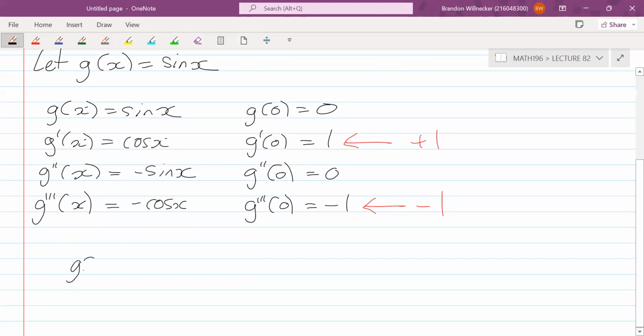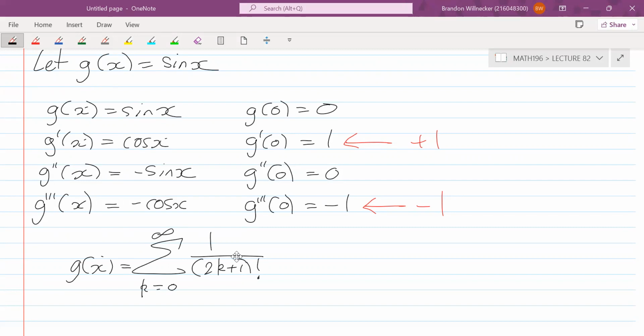So we can write g of x is equal to the sum k equals 0 to infinity of 1 over (2k plus 1) factorial. So remember, in the definition, it's the derivative evaluated at 0 divided by k factorial. But since we are only dealing with the odd terms, this factorial term has to be odd. So that's why we have 2k plus 1, because that's going to give us all of the odd numbers.